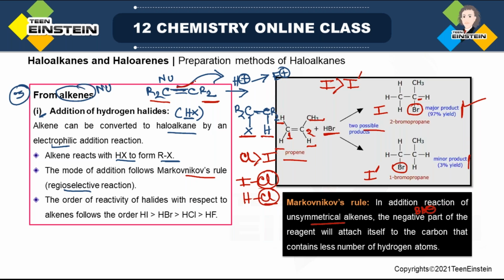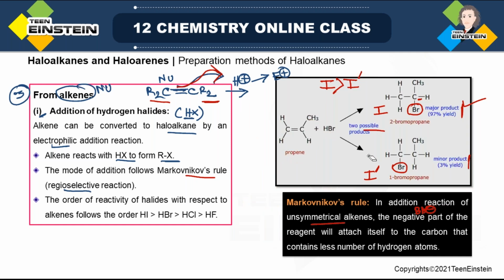As I have mentioned here, the first step is the attack towards this H+. Now if the attack is happening in this way, there are two possibilities. The first possibility is, if protonation is happening at carbon number 2, then the positive charge will be generated at carbon number 1, like this, CH3, CH2, CH2 plus, because it is protonated.